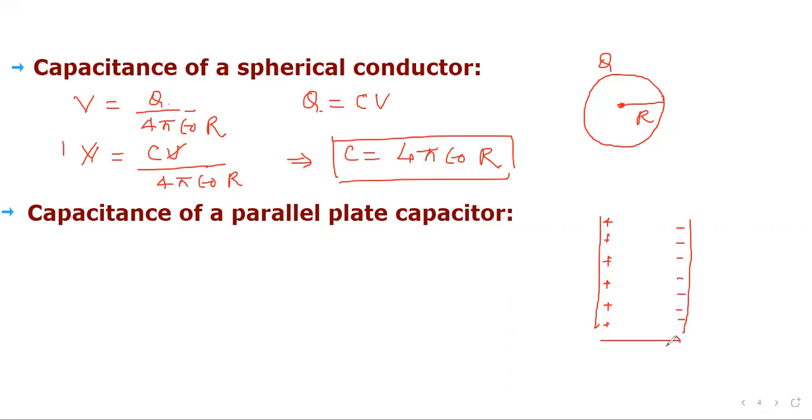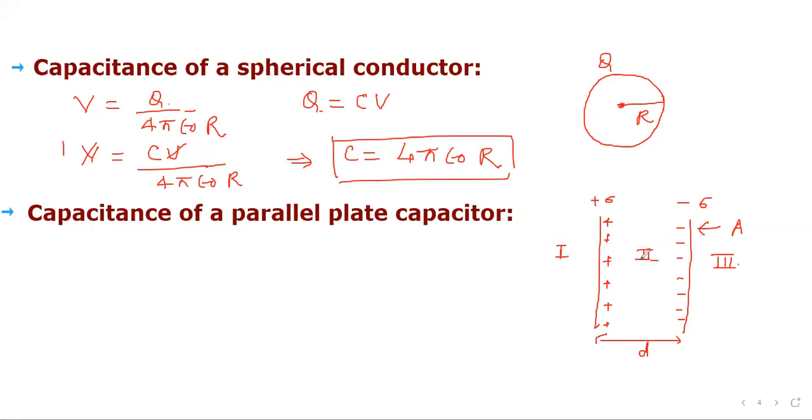Separation between the two plates is D, and area of each plate is A. Now the charge density, if we write, will be plus sigma for this plate and minus sigma for this one. Now, as we have already discussed, there are three regions, and when we find the electric field, we will find that the electric field in regions 1 and 3 will be 0. So it will exist only between the two plates.